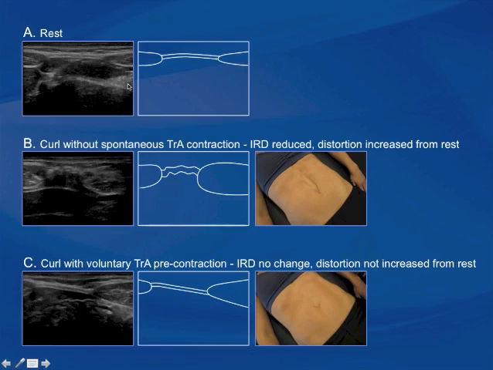So the linea alba at rest here, and in B, this is her automatic curl-up strategy and the impact on the linea alba. You can see the inter-recti distance actually narrows from its rest position, and it creates this doming of her abdominal wall, versus a curl-up with a pre-contraction of transversus first.